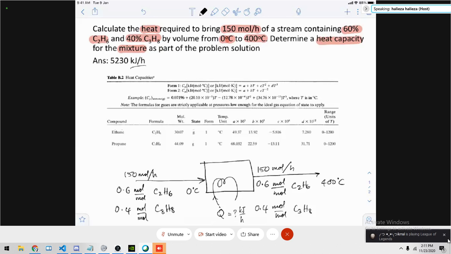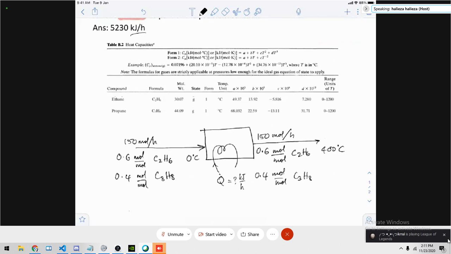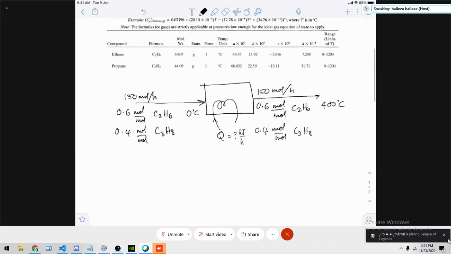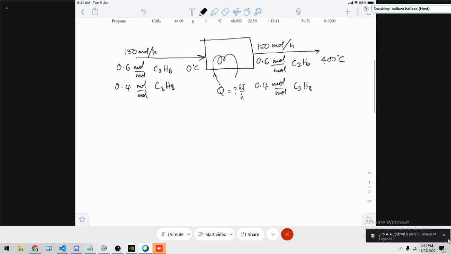The first part of the question states that you're going to use the heat capacity of the mixture. Just now I did mention the equation. The heat capacity of the mixture equals the summation of y_i, the mole fraction of component i, times the Cp of that component i.